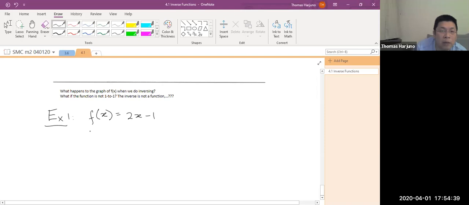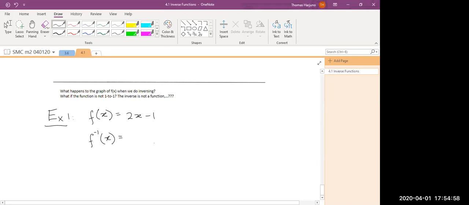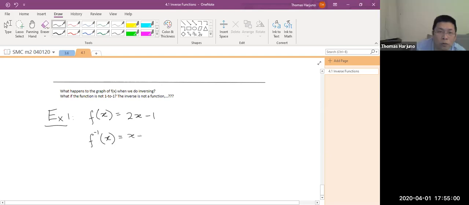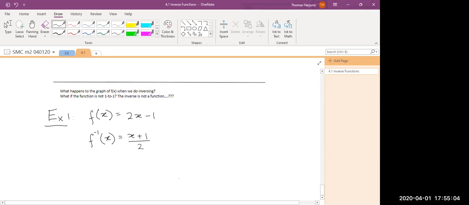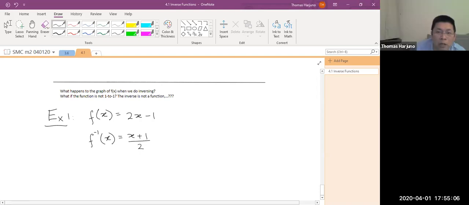Now, can anybody remind me what is the inverse function? It's (x plus 1) over 2. Okay, now let's take a look at what happens to the graph.